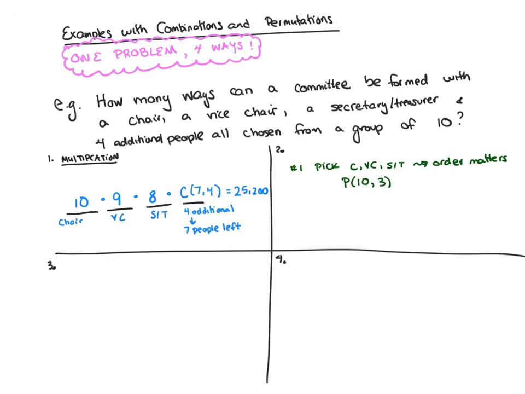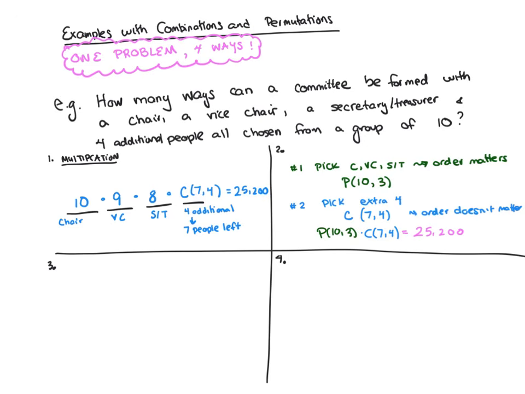And then step 2, we're going to pick the extra 4, the bonus 4 people. So now I've already picked 3, so I have 7 people left to pick that 4, but here order doesn't matter, so I'm going to use a combination. So overall, I get my P10 3 times C7 4, which we can again calculate out, and we'll see that's still going to give us 25,200.